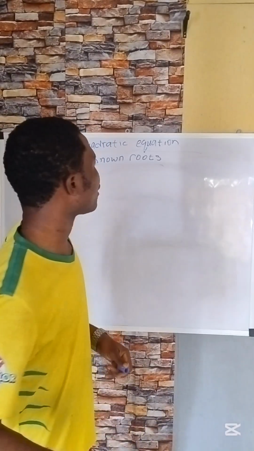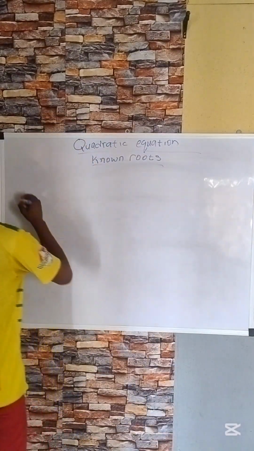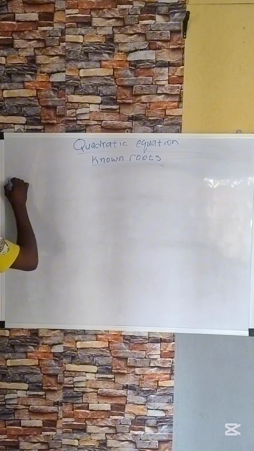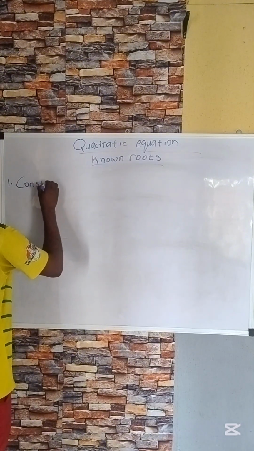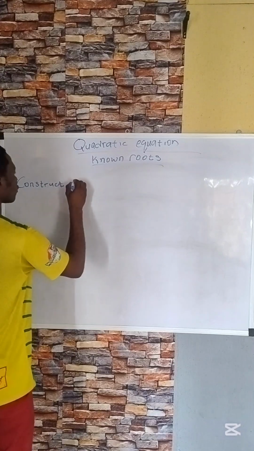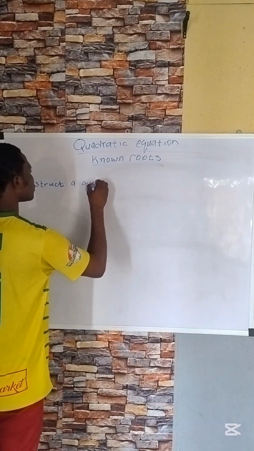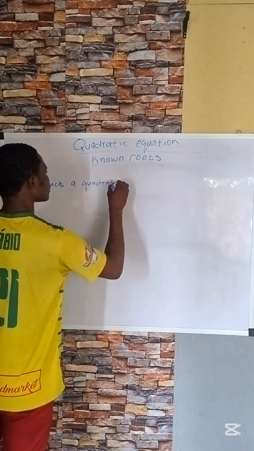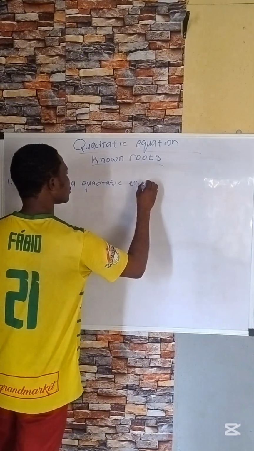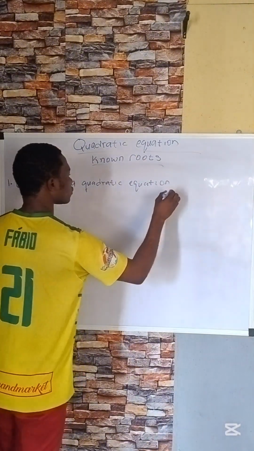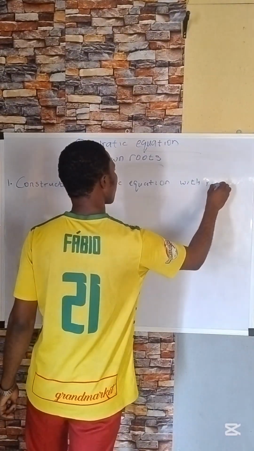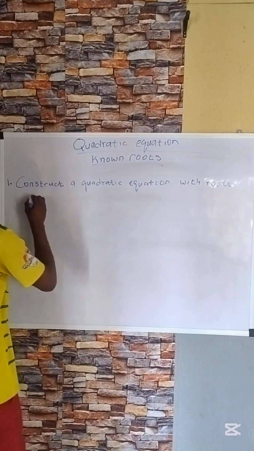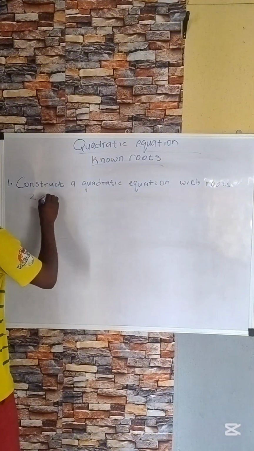So let's take example 1 and practicalize what it means. Construct a quadratic equation with roots 2 and 3.